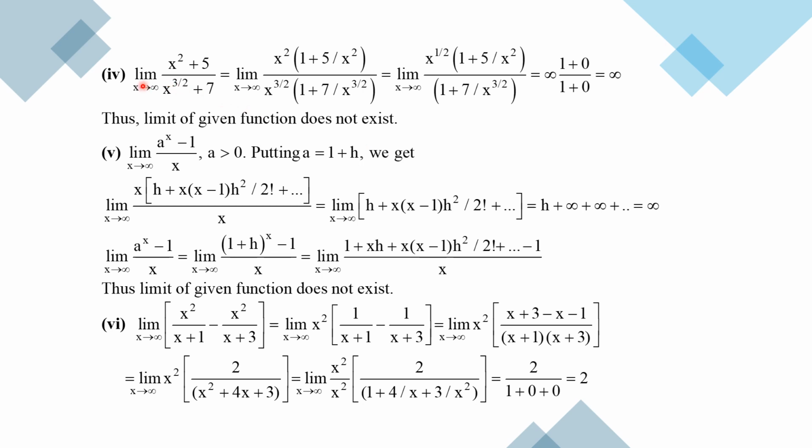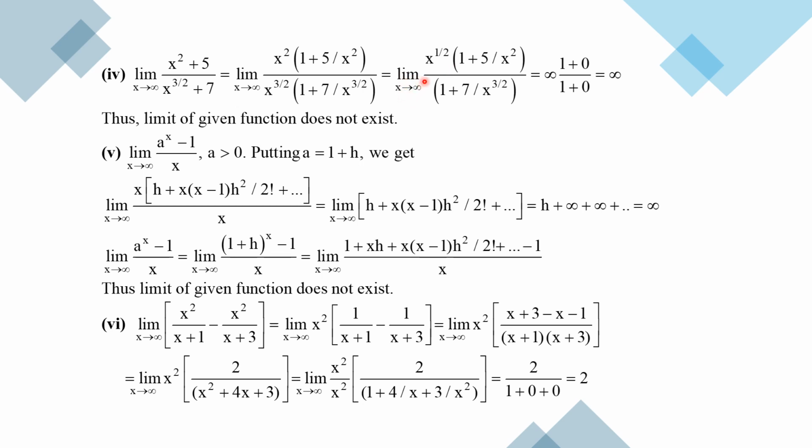Here is another example, limit x tends to infinity, x square plus 5 over x to the 3 by 2 plus 7. From the numerator we take x square common, so the rest is 1 plus 5 over x square. In the denominator we take x to the 3 by 2 common, so the rest is 1 plus 7 over x to the 3 by 2. x square over x to the 3 by 2 gives x power 2 minus 3 by 2, so we will have x to the 1 by 2, because 2 minus 3 by 2 is equal to 1 by 2.